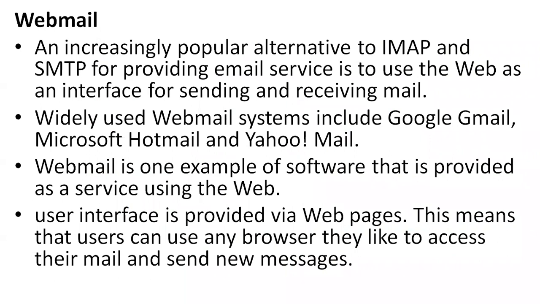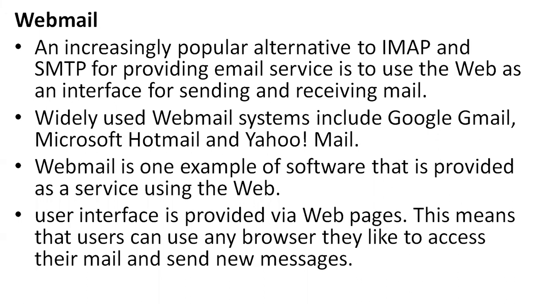So an increasingly popular alternative to IMAP and SMTP for providing email services is to use the web as an interface for sending and receiving the mails. So using the web as an interface, apart from IMAP and SMTP, we are going to send and receive the mails.